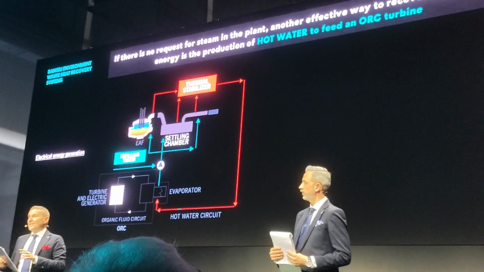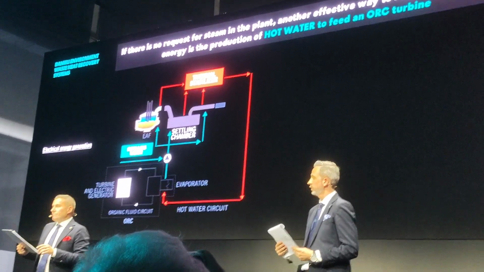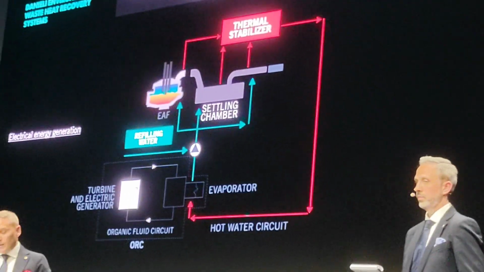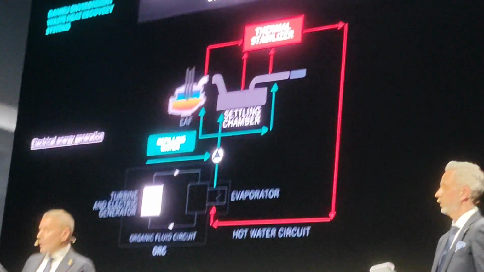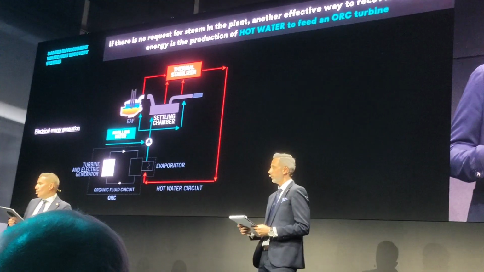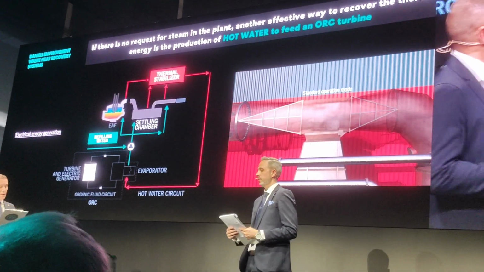With hot water, the plant is simpler and, of course, cheaper, while the difference in terms of efficiency is almost the same. And this is the concept behind our energy recovery system for electrical energy production, the so-called clean heat recovery system, and this is explained in our video.